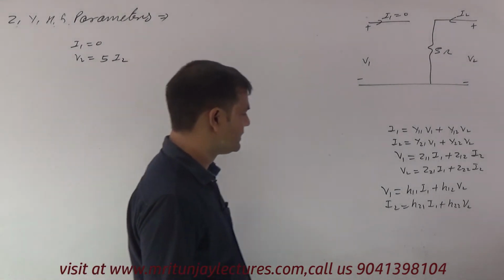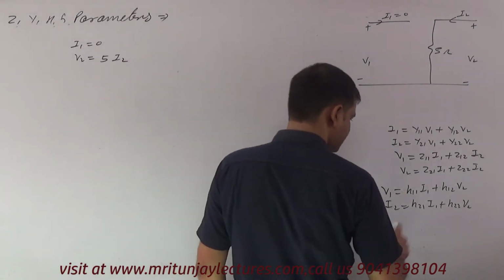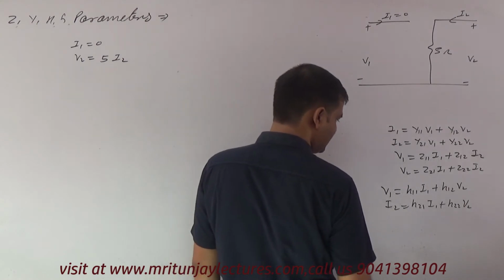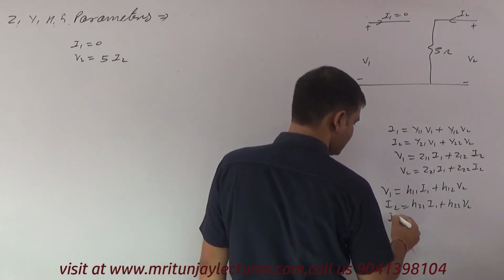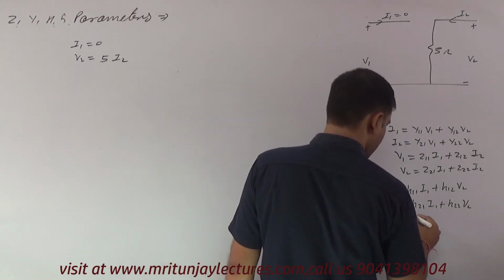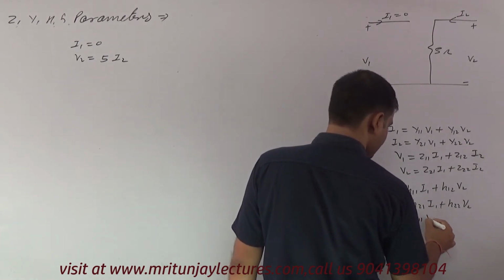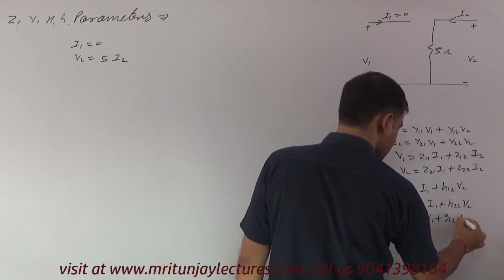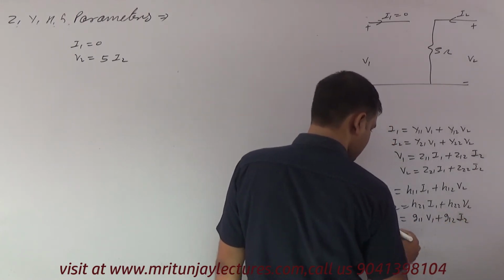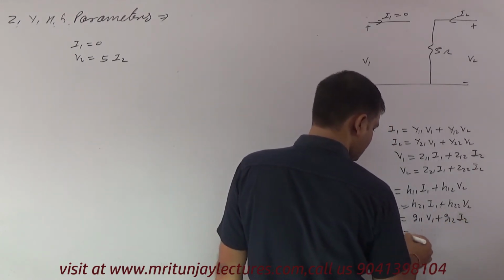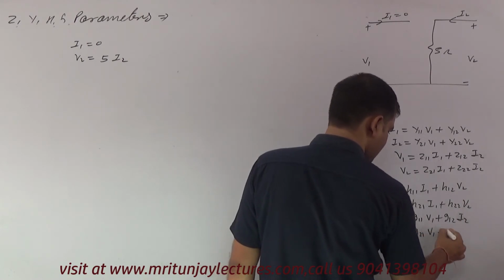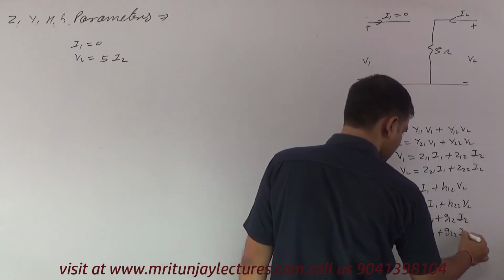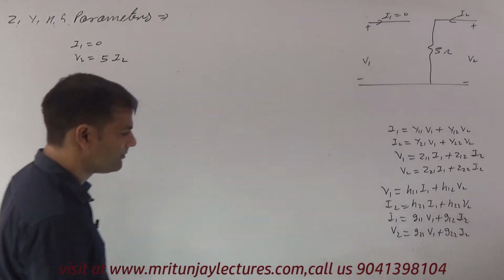If you write the G parameter, then I1 is written as G11 V1 plus G12 into I2, and V2 is equal to G21 into V1 plus G22 into I2. Clear?